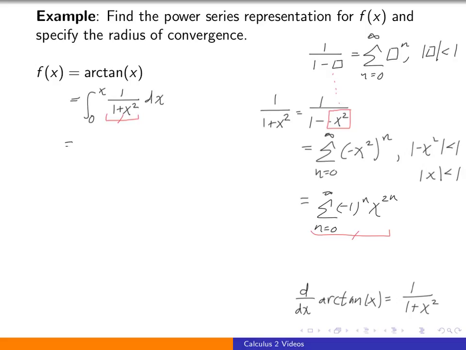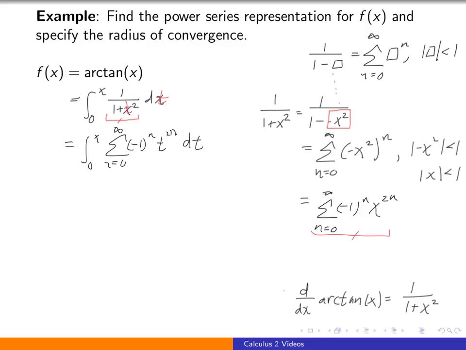That is, this is the integral from 0 to x of the power series, the sum from n equals 0 to infinity of minus 1 to the n, and instead of an x, we're going to use the variable t, so t to the 2n dt. And up above here, to be technically correct, we should come back and note that each of the x's should be replaced with a t.